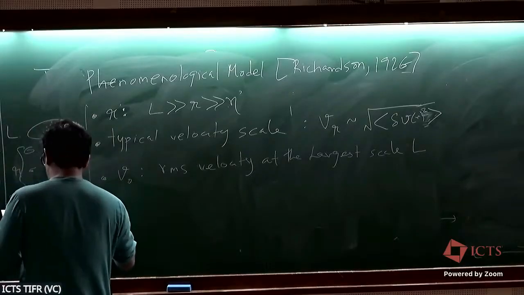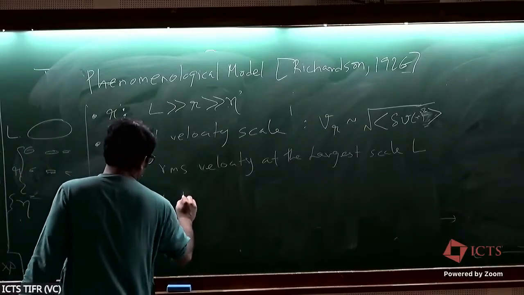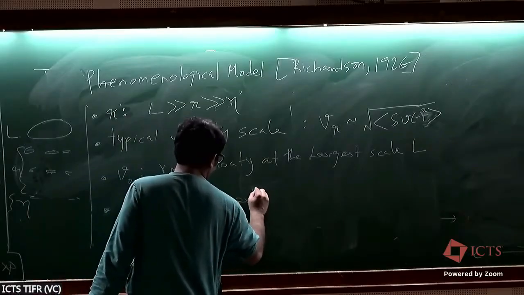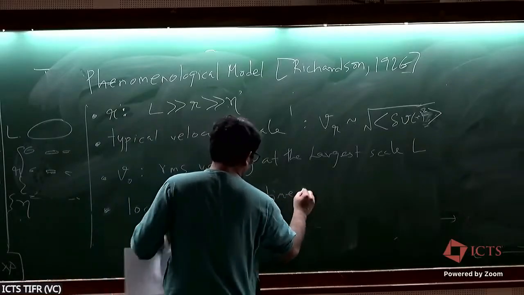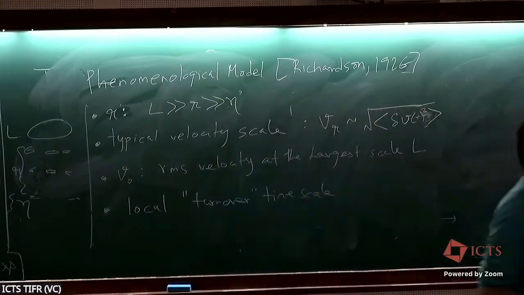So this would also allow us to have some sort of a local turnover time scale. I'm using this word because yesterday at lunch I realized some of you are from an engineering background. So this is what in conventional fluid dynamics you would call an eddy turnover timescale.